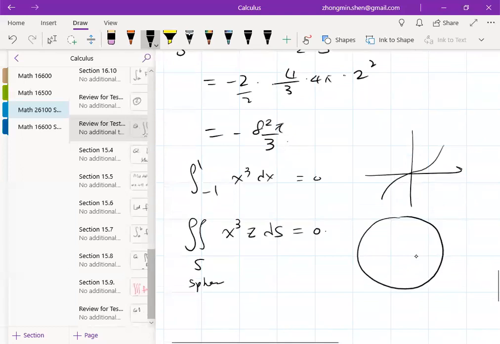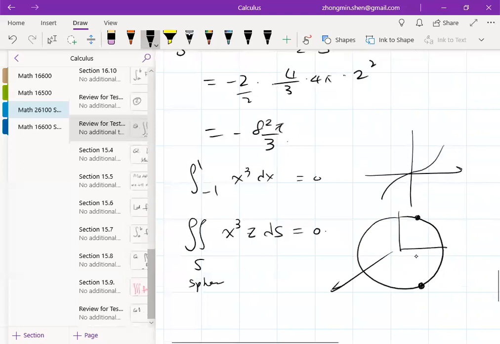This is an odd function with respect to z, because when you look at the sphere, for every point there's a value of the function at this point and the value of the function at that particular point. They have opposite sign. So when you integrate, negative and positive cancel out.